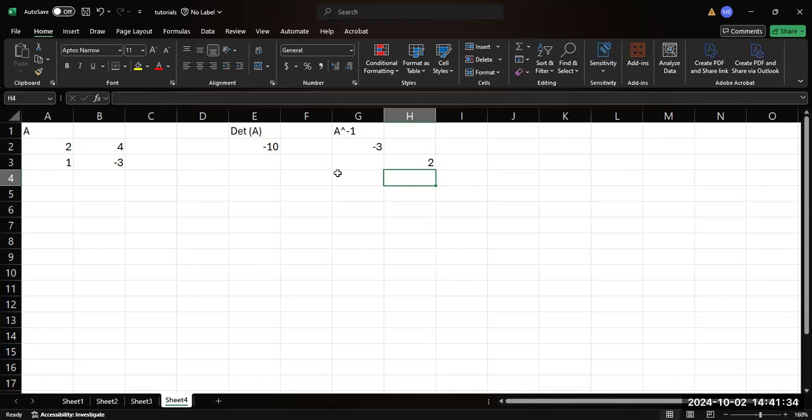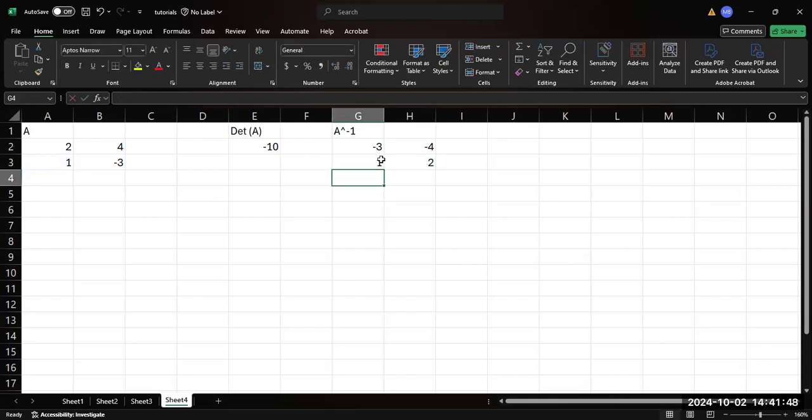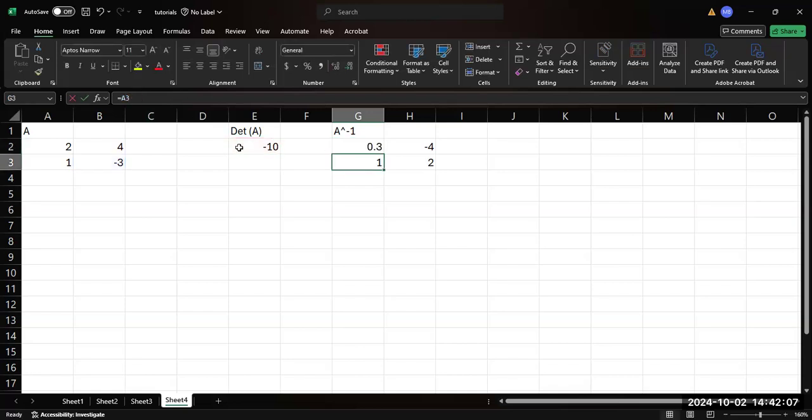And then the opposite, the B and C positions, they're going to stay in the same place, but they are going to change sign. And then the whole thing gets multiplied by the reciprocal of the determinant. So each one of these positions then will become the value divided by our determinant.